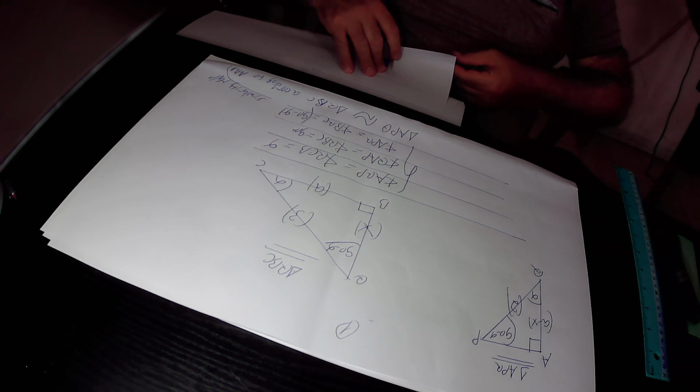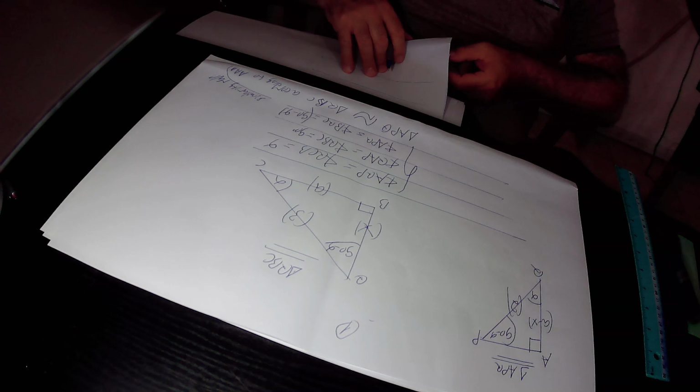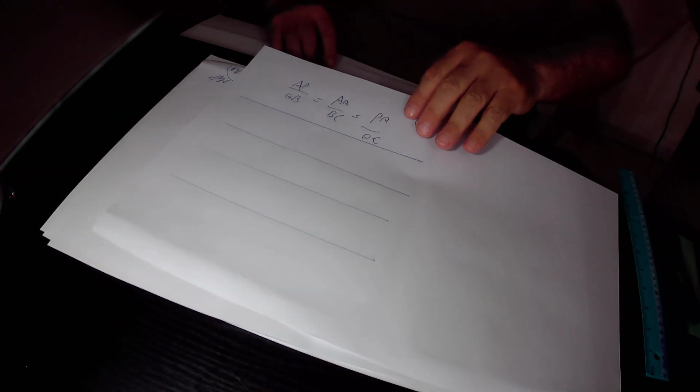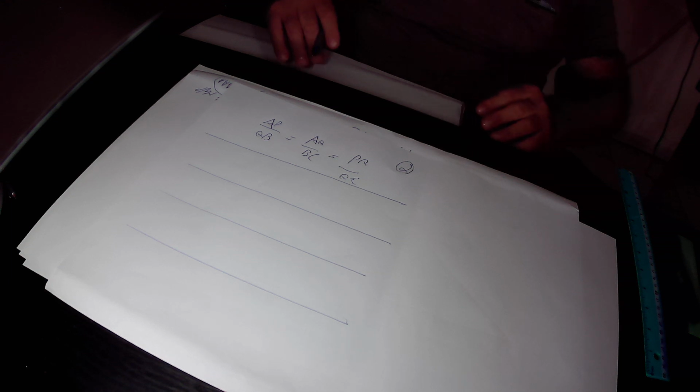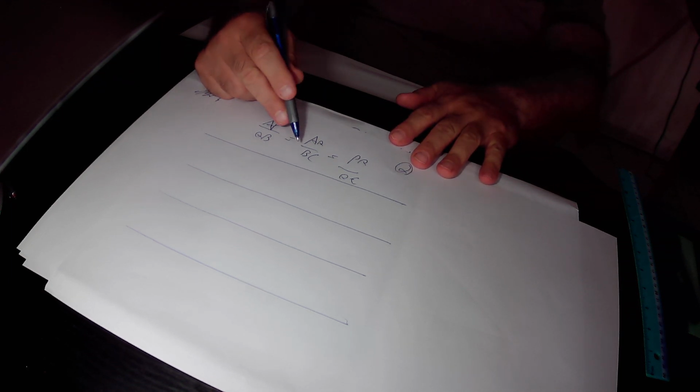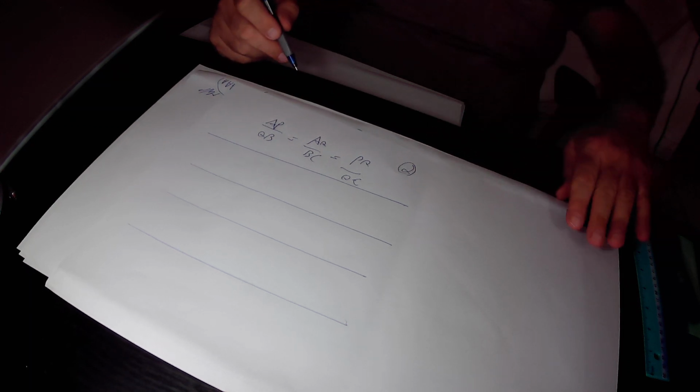And again, we derive that AP over QB equals AQ over BC equals PQ over QC.